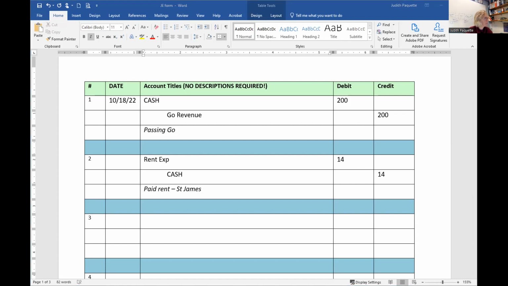All right, the other point I wanted to make was common journal entry errors. Okay, let's see if I can find some good ones. I saw one where students were just using the wrong account when they passed Go.